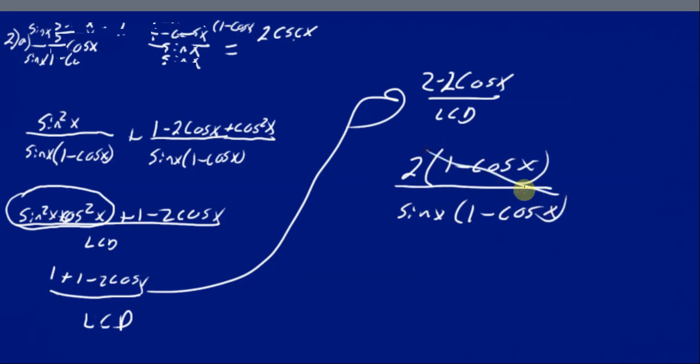And the 1 minus cosine x's will cancel out, leaving me 2 over sine of x. Well, 1 over the sine of x is the cosecant, so 2 times the cosecant of x, and that's what we have on the right hand side. So there we have it.